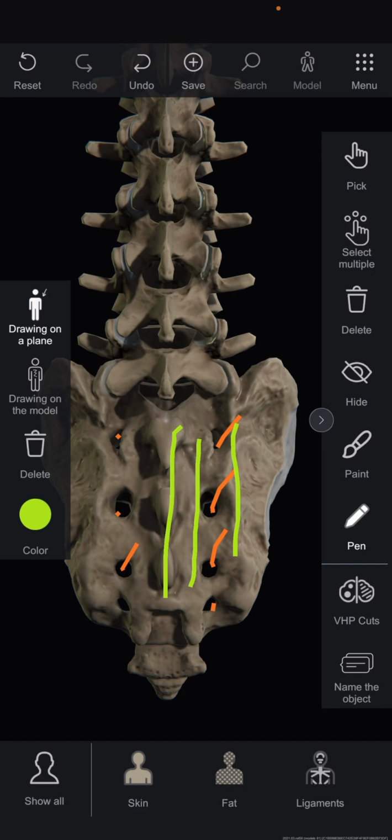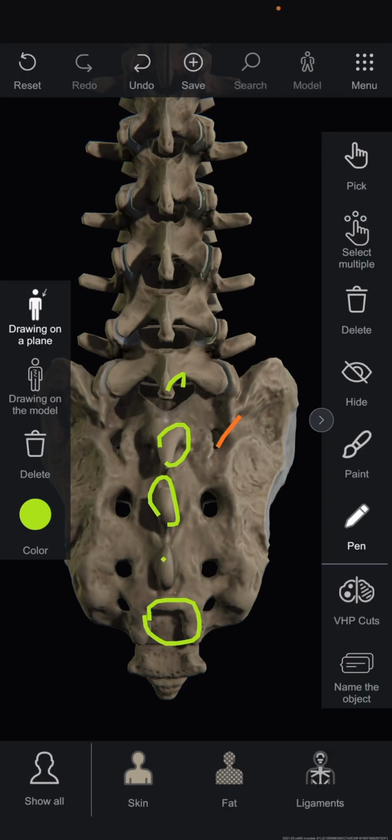We have three sacral crests located on the posterior surface of the sacrum bone. Next we have the sacral hiatus, and these are the transverse processes. These are the formations of the posterior surface of the sacrum.